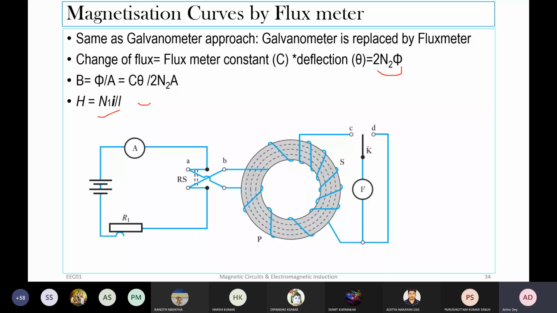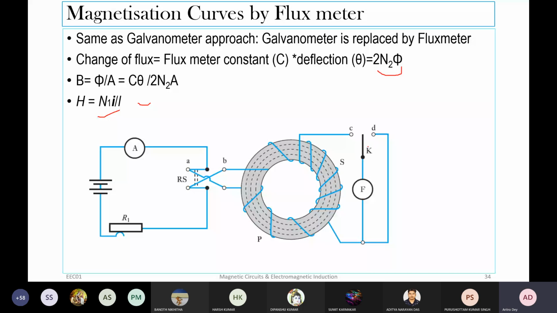Let us quickly tell that whenever we perform the open circuit test in a transformer, if instead of an AC source we use a DC source and measure the open circuit voltage, then gradually deflecting it will give a rough idea of the BH curve, since voltage will be proportional to your flux.